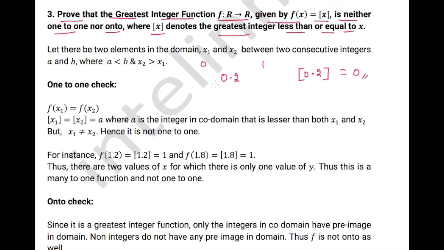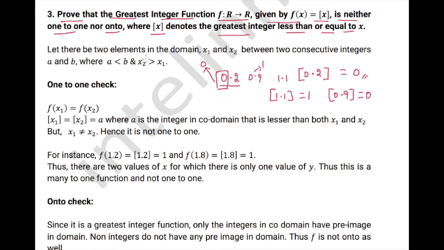In the sense, in the given number, we need to take the integer available, so we should ignore the decimal part. GIF of 1.1 will be equal to 1. At the same time for 0.9, since it is closer to 1, you cannot take 1. So this is a simple illustration of GIF.